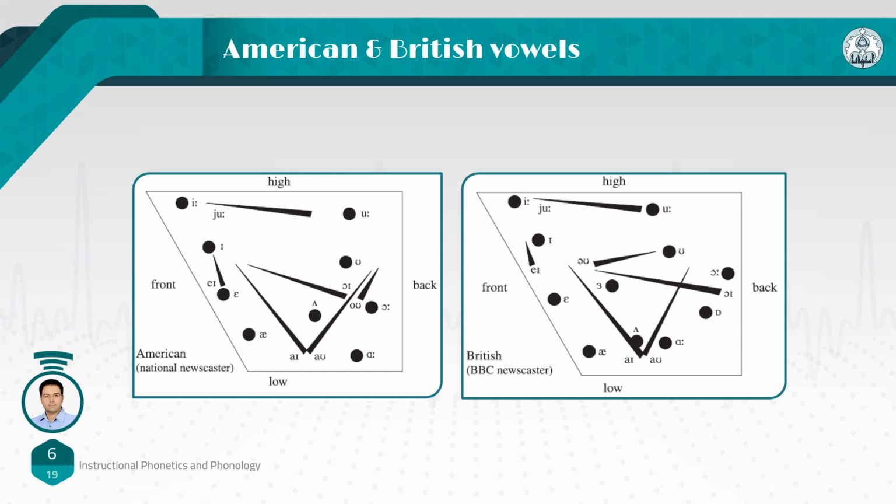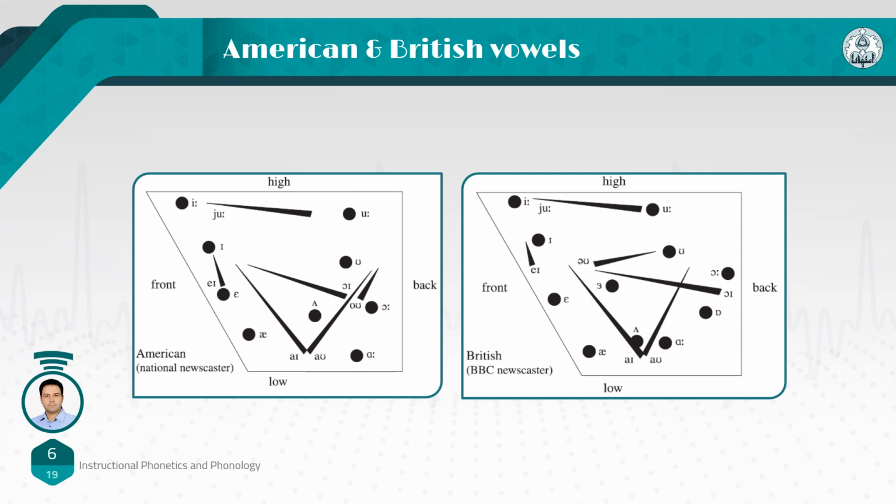Now try to look at these two figures and find the differences. For example, if you look at the position of, for example, oo in the American one and oo in the British one, you can understand that oo in British is a bit fronter than oo in American.